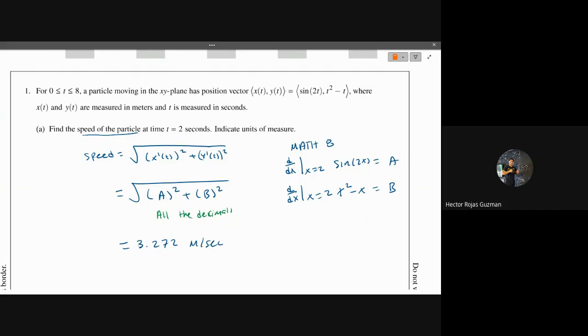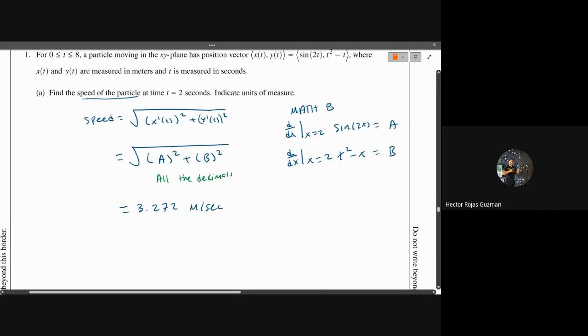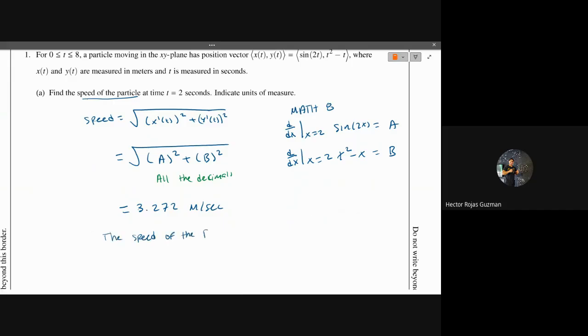And put a sentence just in case. The speed of the particle at t equal to 2 is 3.272 meters per second.